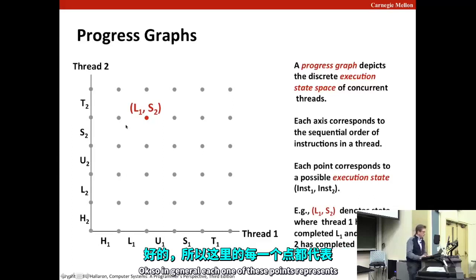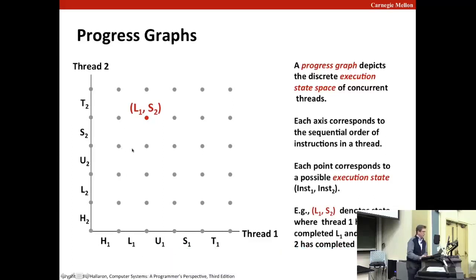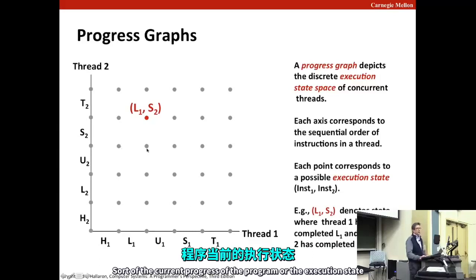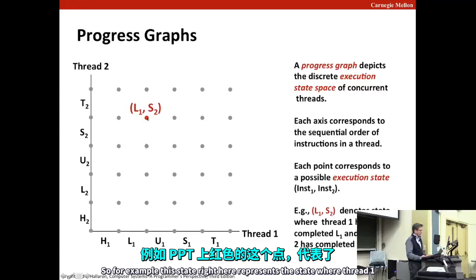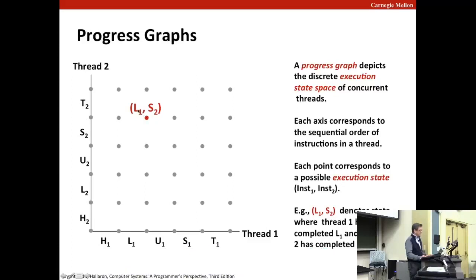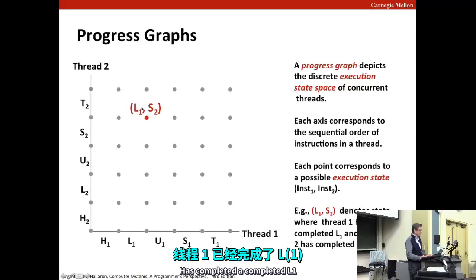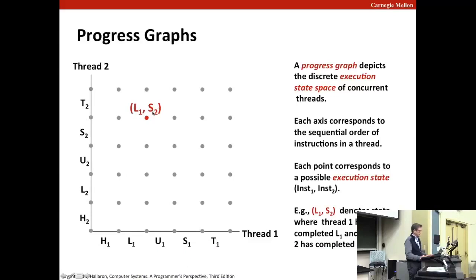In general, each one of these points represents the current progress of the program, or the execution state. So for example, this state right here represents the state where thread 1 has completed L1 and thread 2 has completed S2.